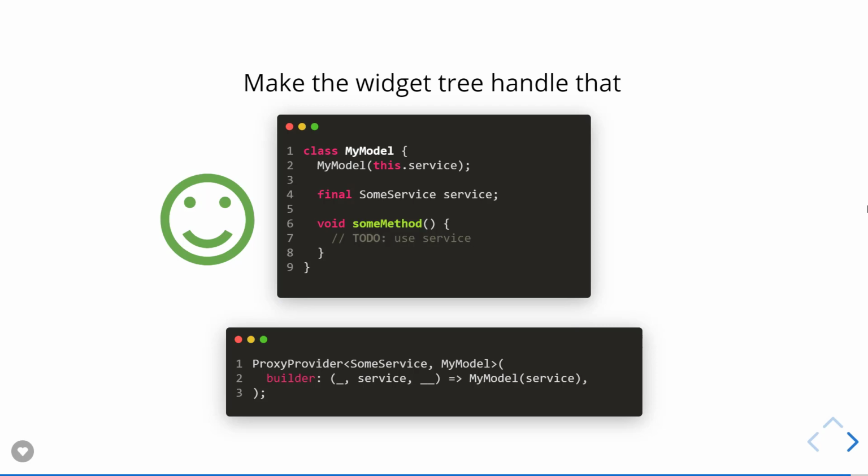So since we are using a provider to pass our model, we will have a provider in our widget tree that will create the model. And since providers are widgets, they have a context, which means that they can obtain our service. So that's a typical use case for something like proxy providers that we talked about earlier, where we can obtain other values and pass them to our model.